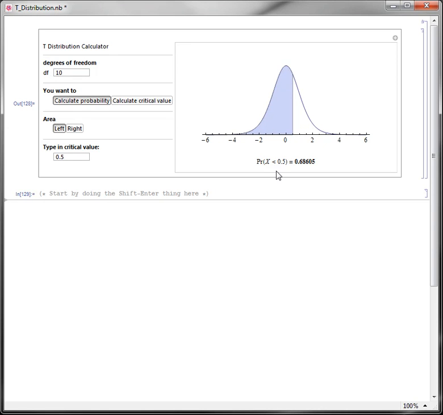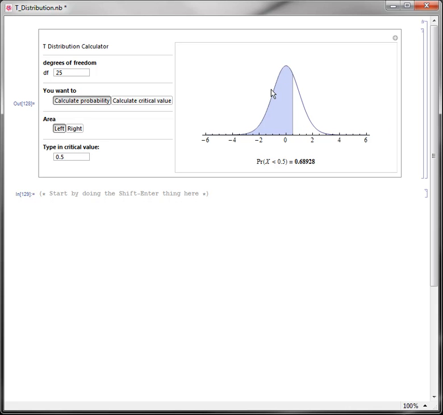It looks quite similar to, and in most respects is like, the normal distribution calculator, except that the normal distribution depends on two parameters, a mean mu and a standard deviation that we usually call S or sigma, depending on the context. The student t-distribution, in contrast, depends on only one parameter, the degrees of freedom, which is denoted up here by df.